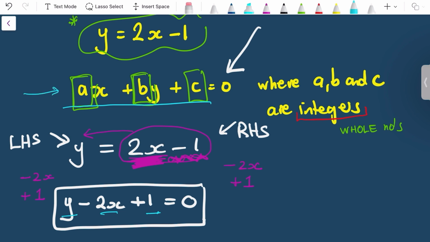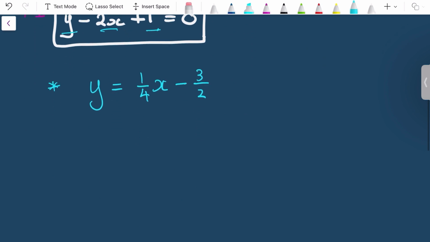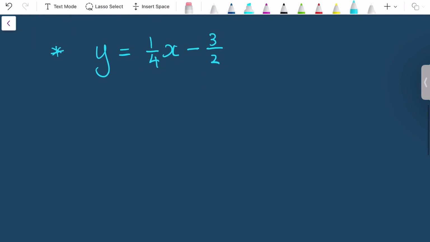It's asking you to write it in the form ax plus by plus c equals 0, where a, b, and c are integers. So I want to move all of this to one side. But before I do this, I notice I've got a fraction, and I have a fraction there. So it's just really handy before I move it to undo that fraction.